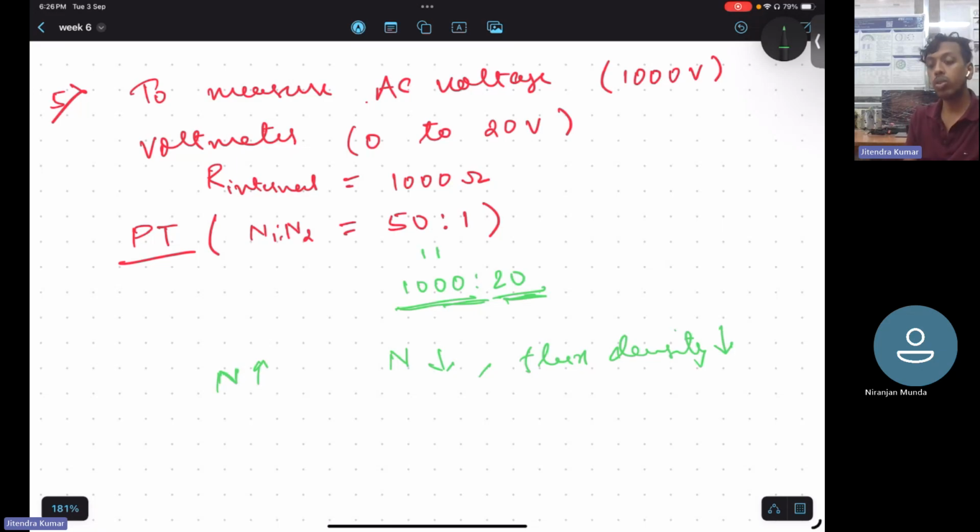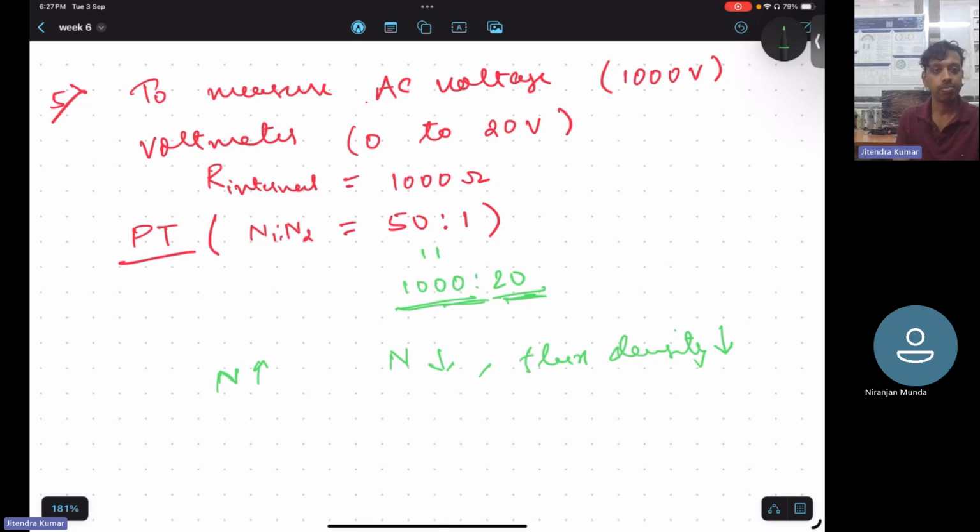So whatever power we were able to achieve at 1000:20 number of turns, you will not achieve with 50:1 number of turns. Because in electrical machines or electromagnetic devices, power is proportional to magnetic flux as well as electrical current. So we'll have to take care of both of them.